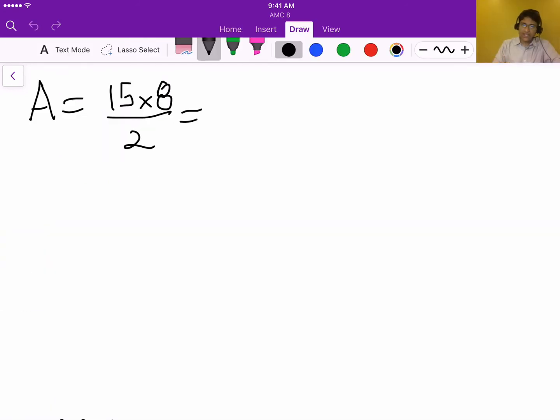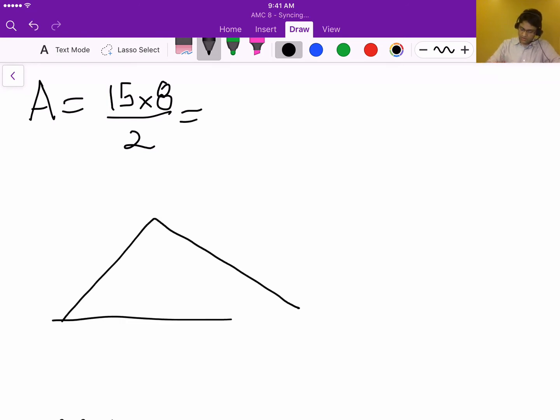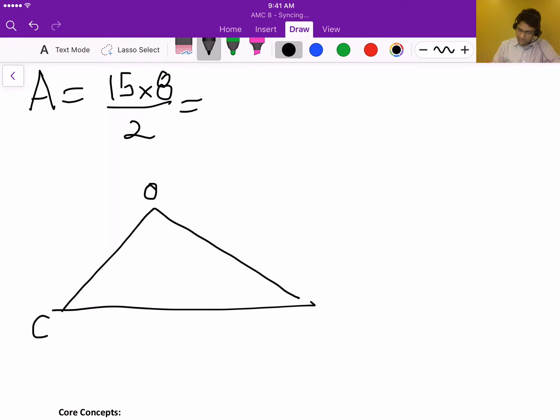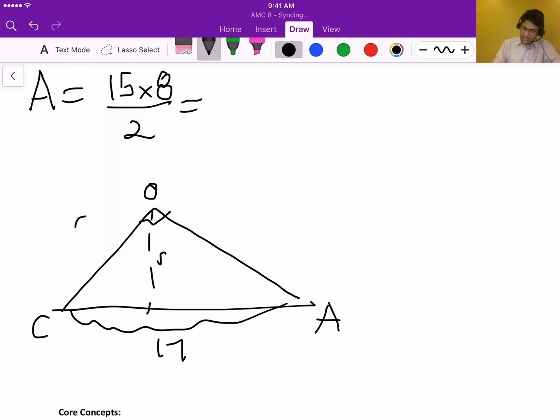Now we're going to rotate the triangle in this redrawing, and we're going to put O here. Okay, let me just quickly check. Yes, this is C, and this is A. We have a right angle here. This is the radius we're looking for. This is going to be 17. This is 8, and this is 15.